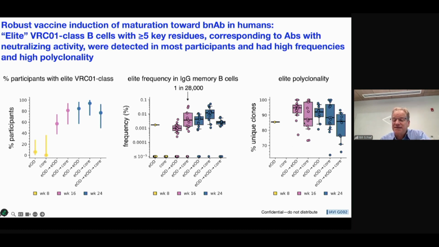EOD to core week 16, 85% of these elite VRC01 class B cells represent a unique clone in the data that we have. So basically, you couldn't ask, I don't think, for more than this for this stage of the clinical trial in terms of saying we think we're ready for a next heterologous boost to drive the system forward toward making BNABs.